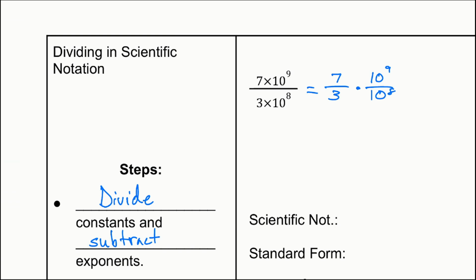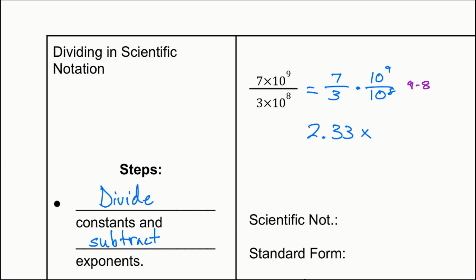And the reason I like doing that is because when you take 7 divided by 3, that's going to give you 2.33. It's really 2.3 repeating times when you subtract 9 and 8. So this is like a 9 minus 8 over here. We use purple because I did that earlier. 9 minus 8.